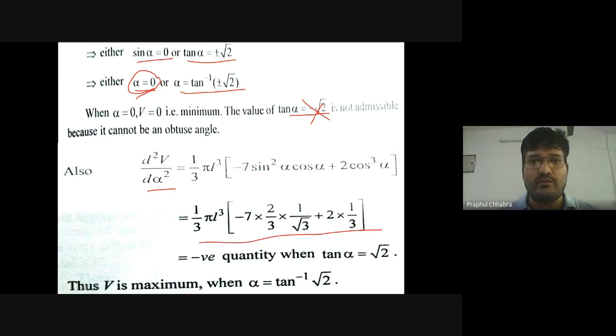So put alpha is equal to tan inverse under root 2 in the second order derivative, we obtain a negative quantity. What does it mean?